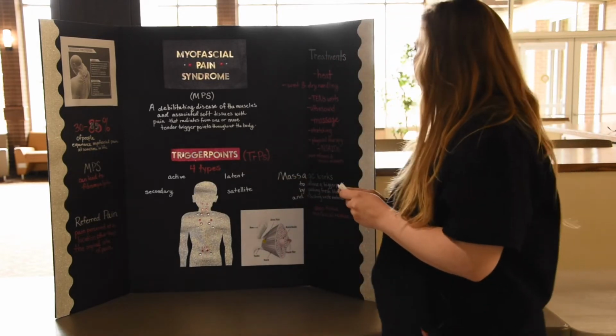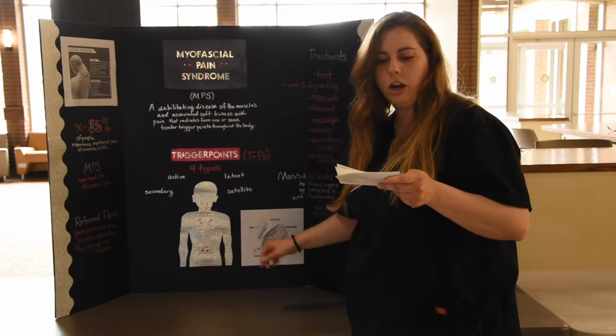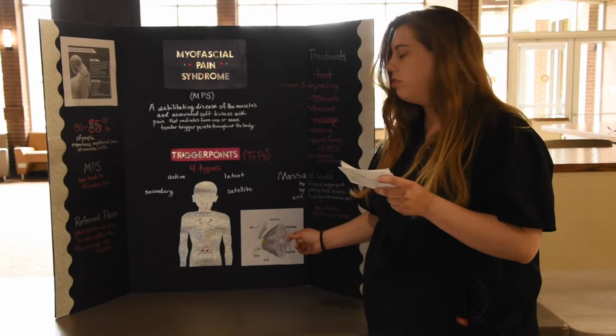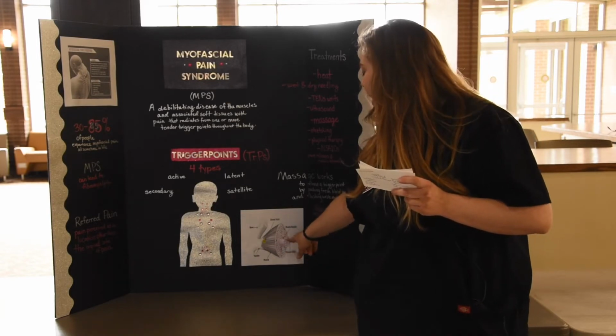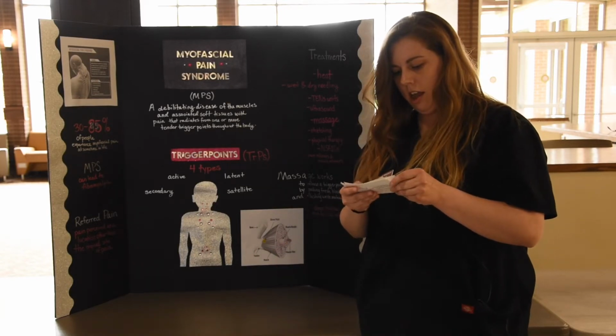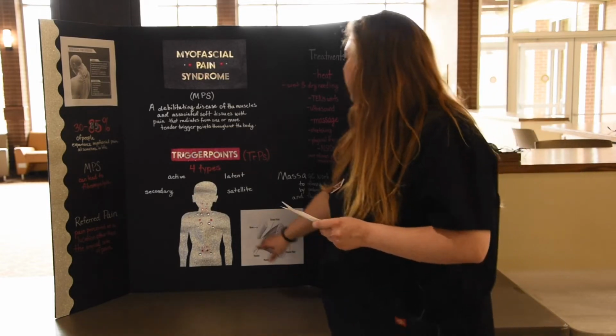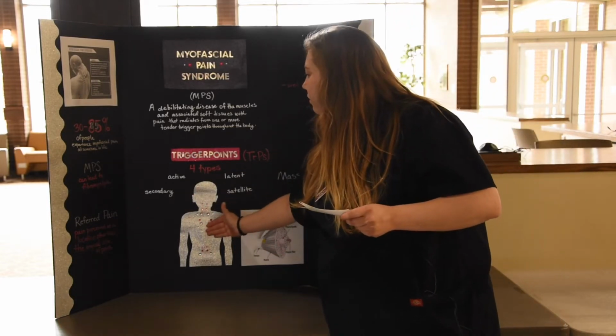The trigger point forms down here by many nearby segments of muscle that are stuck in the contracted state. And the most common areas for that to happen is going to be up here. This is your back view.